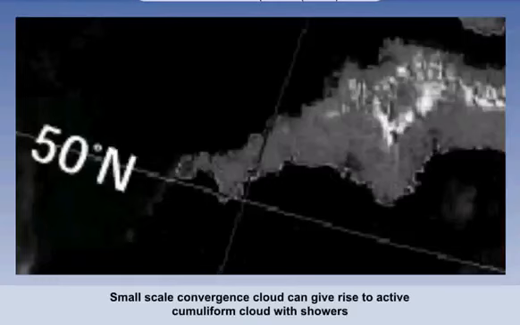Look at this satellite image of the southwest of England. It shows a line of convective cloud which has formed partly as a result of sea breeze convergence. We have looked at a relatively small-scale example, but we can see convergence on a larger synoptic scale.